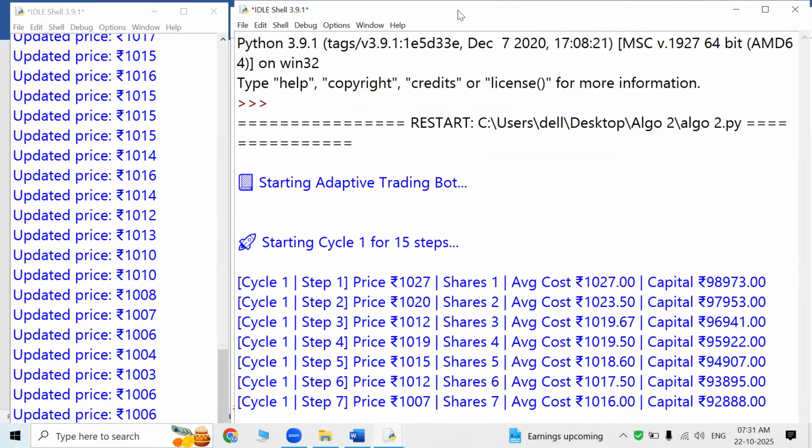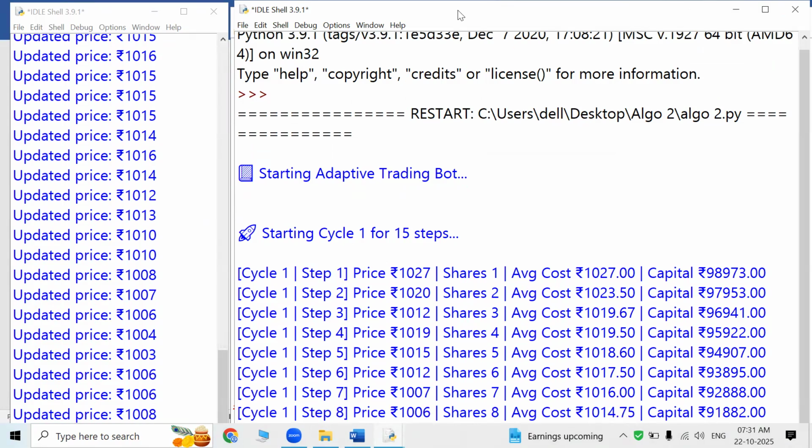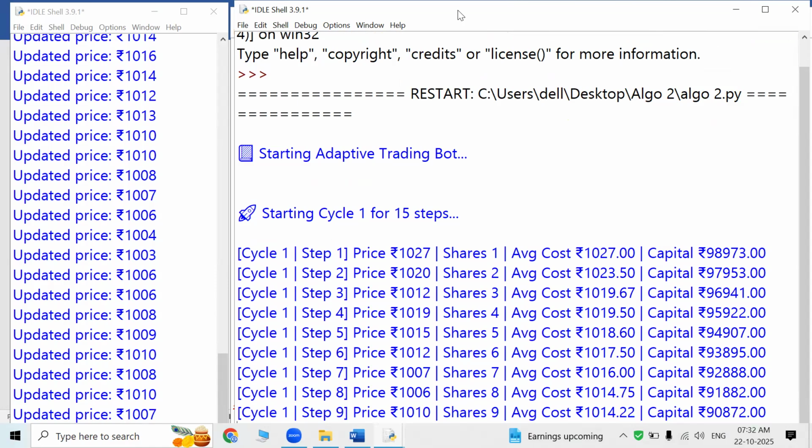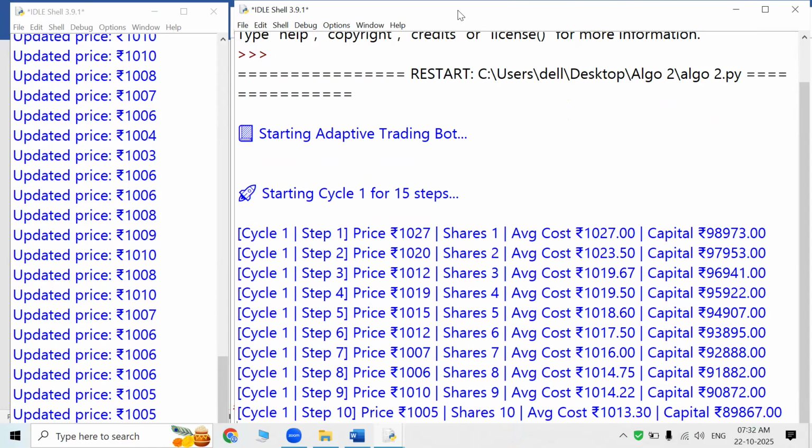Let's check out what is happening after 15 steps. You can run it multiple times and check whether it is working well or not. This is the best way to work with algos. Now this kind of strategy is run by many HNI clients, and even broker firms run this kind of strategy.